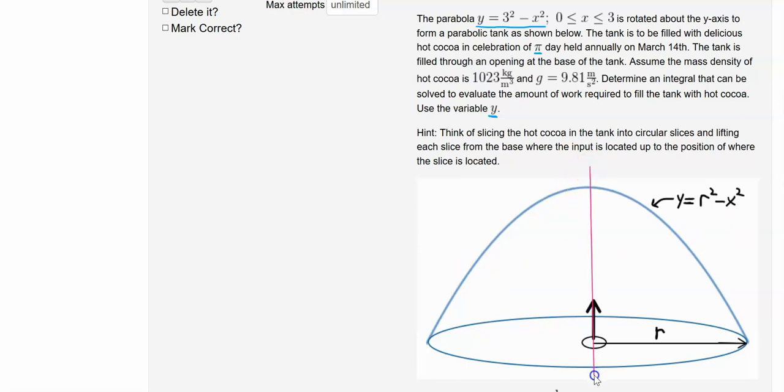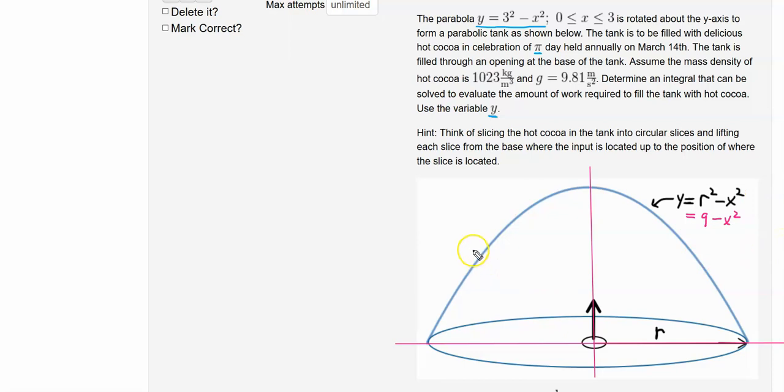Suppose that is your y axis, and your x axis goes like this. So there's your x and y axes, and this is your curve. In this case, this is going to be the curve y equals 9 minus x squared, or 3 squared minus x squared.